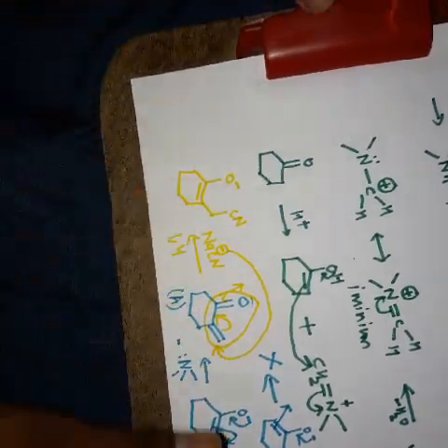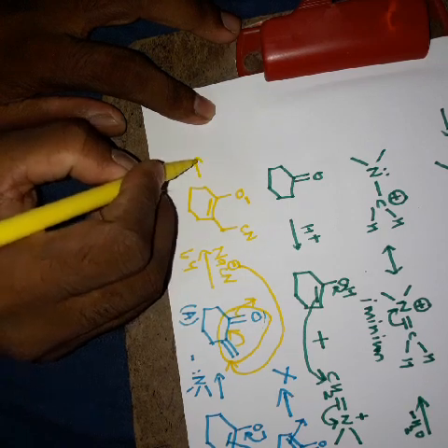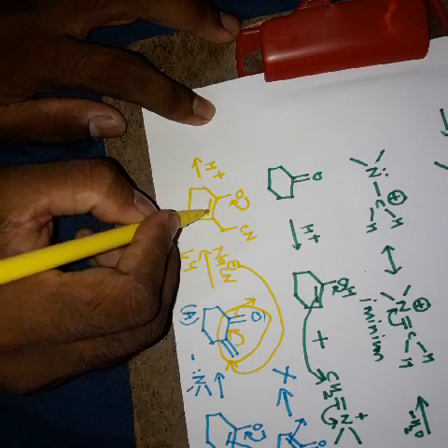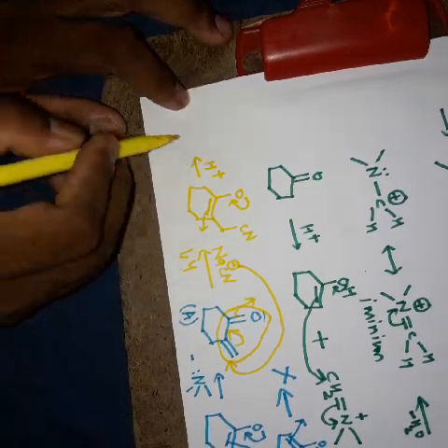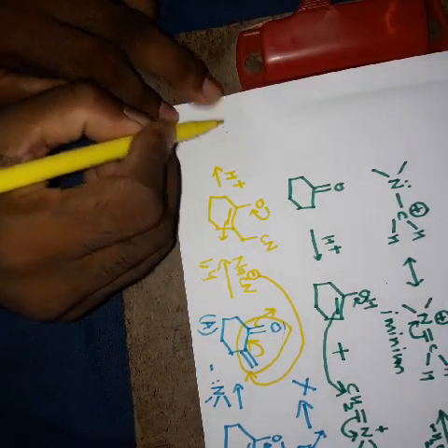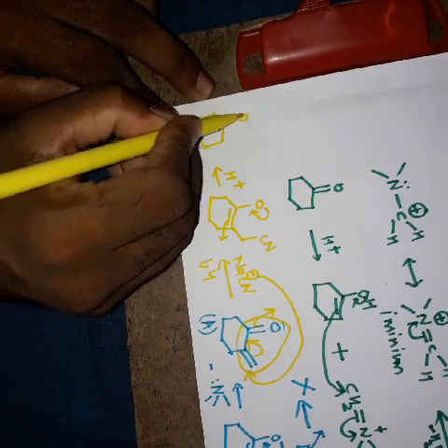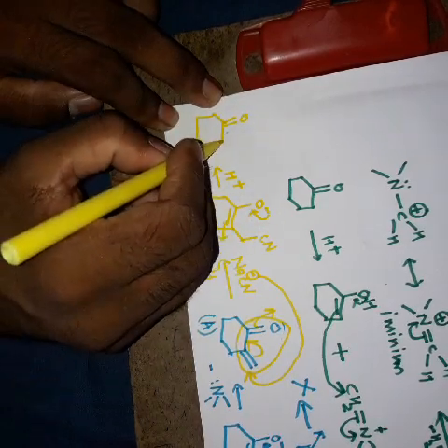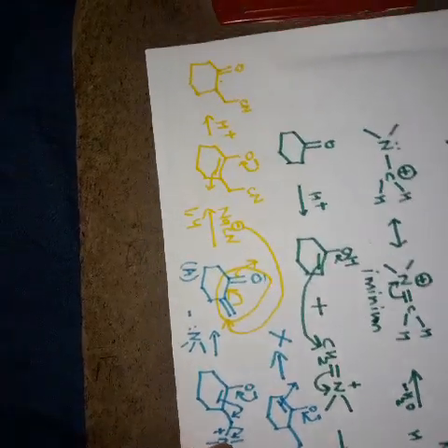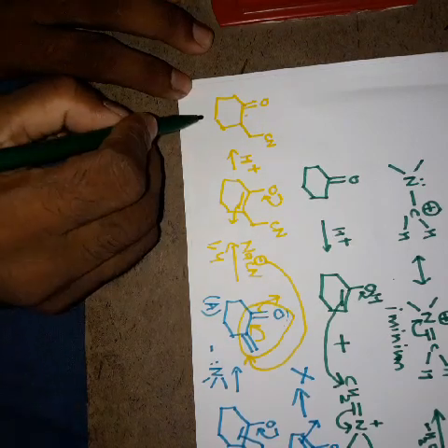Next we can work it up with the H plus. So this will come inside and this double bond will take the H plus. So we are going to get this molecule, which is our B.